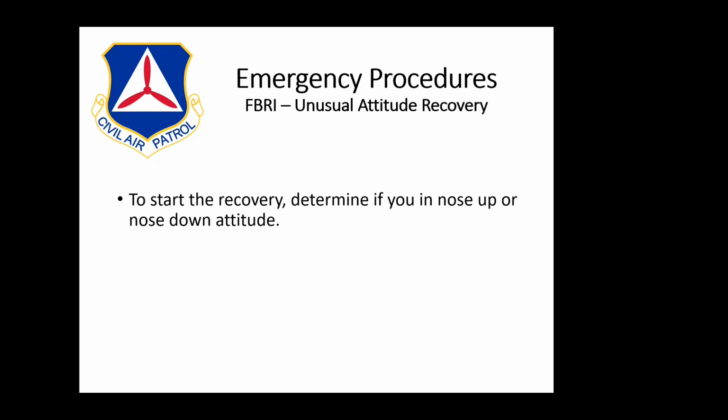Okay, next. The first thing to do in an unusual attitude is to know what kind of attitude you're in. It will make the situation a lot worse to apply the procedure for one unusual attitude when you're in the other. You shouldn't rush too much to make the determination because you need to get it right, but at the same time, it's not like you have all day.